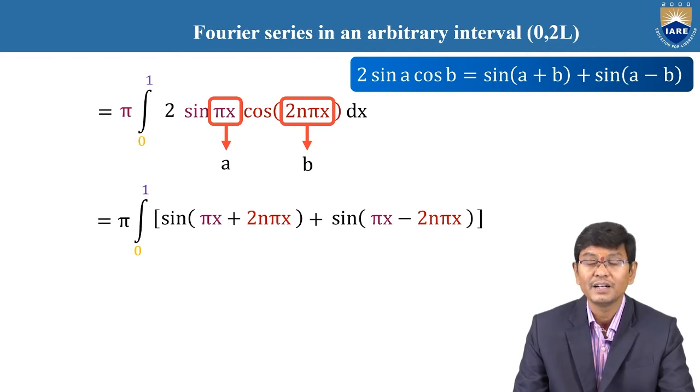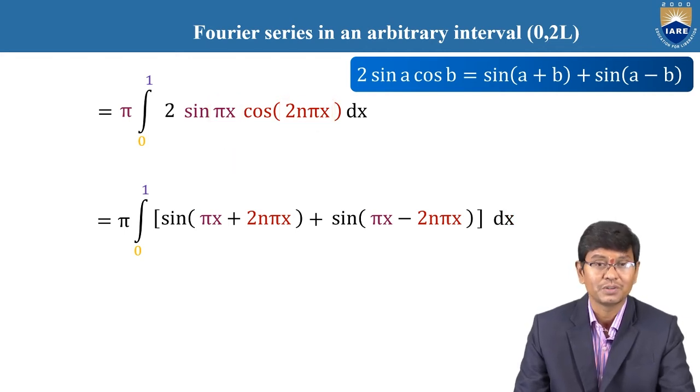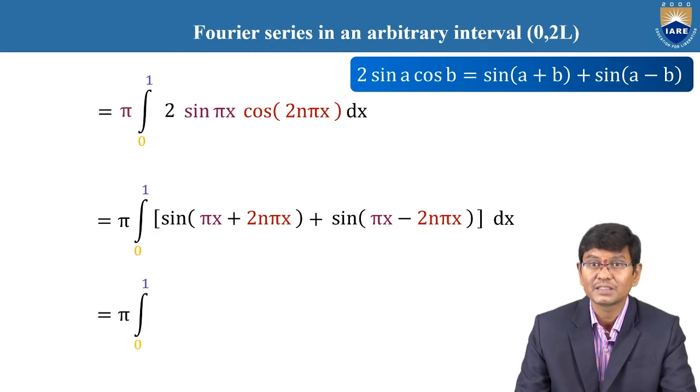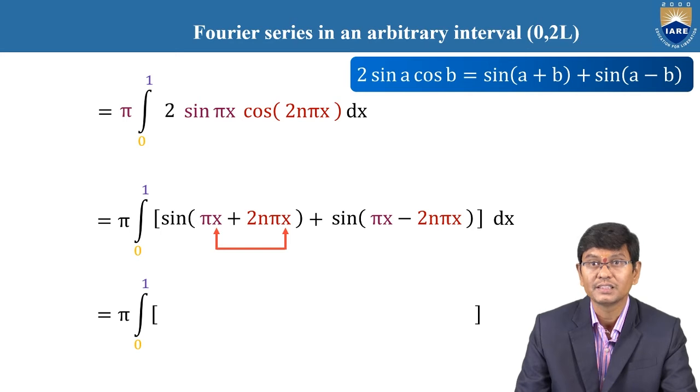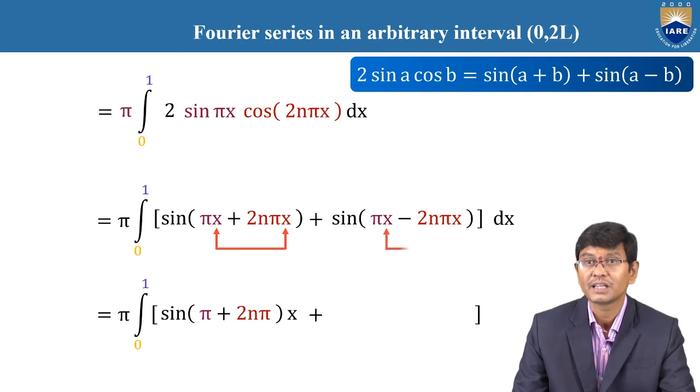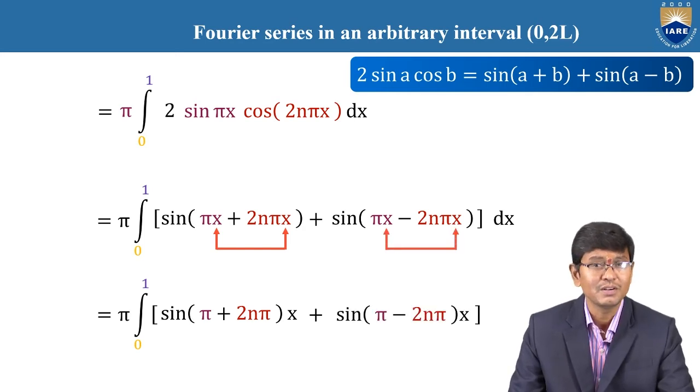And here we need to integrate with respect to dx. Taking x out as common, we have π into integration 0 to 1 of sin of (π plus 2nπ) into x, plus, for the second term, also taking x out, sin of (π minus 2nπ) into x, with respect to dx.